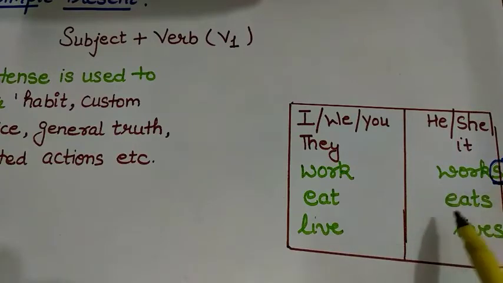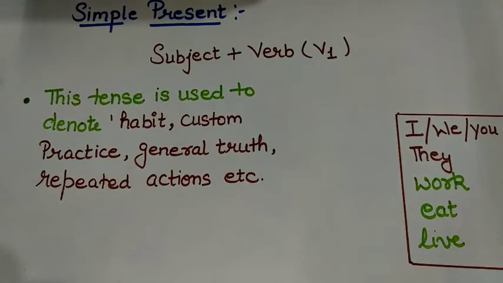So works, eats and lives. Now let us see where we can use simple present tense. First of all, simple present tense is used to denote a habit, custom, any habitual action like practice, a general truth, some repeated actions, etc.